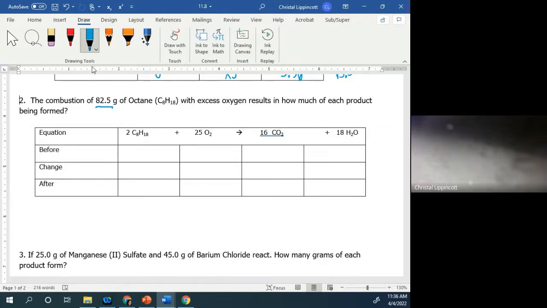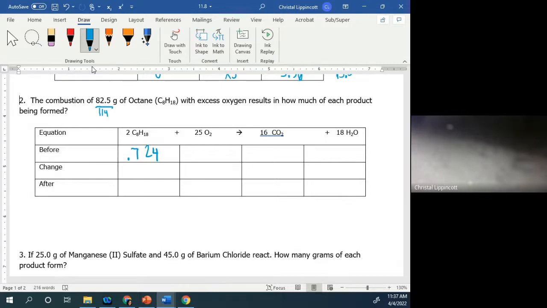That's 114. So I'm going to divide this by 114. That ends up being point, and you need to have 3 sig figs in this table. So 0.724. I need to have 3 sig figs in here when I start.